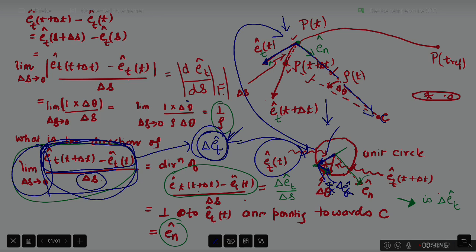So delta Et should be like this in the limit delta S going to 0.